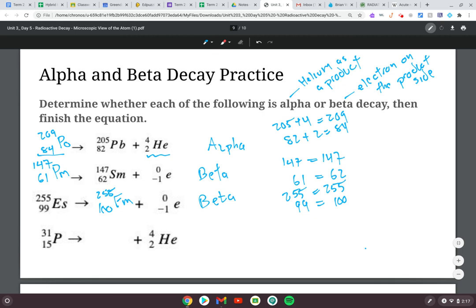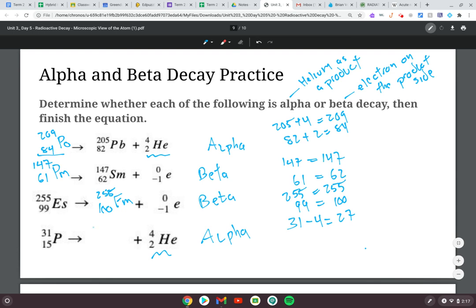The last one was alpha decay again. And I knew it was alpha because of the presence of the helium. So we know that the mass number and the atomic number values must be the same on both sides. So 31 minus 4, words are hard for me this morning, is 27.